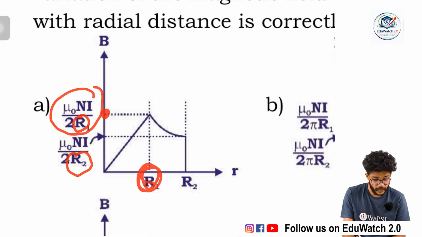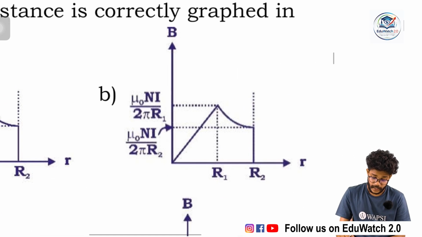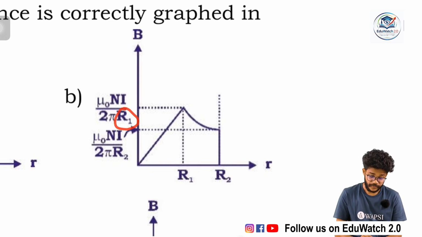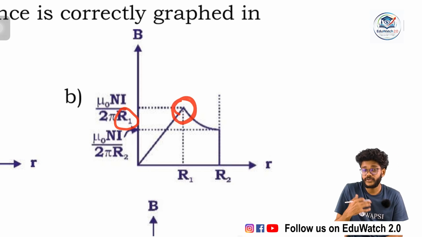So how do we get a maximum value for R1? The denominator is R1 and that is greater, so how do we get the maximum value of magnetic field? Logically the maximum value is given to R2, because R1 is the outer radius, R1 is greater than R2.